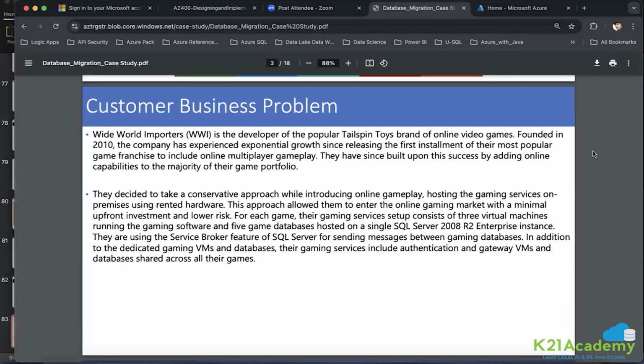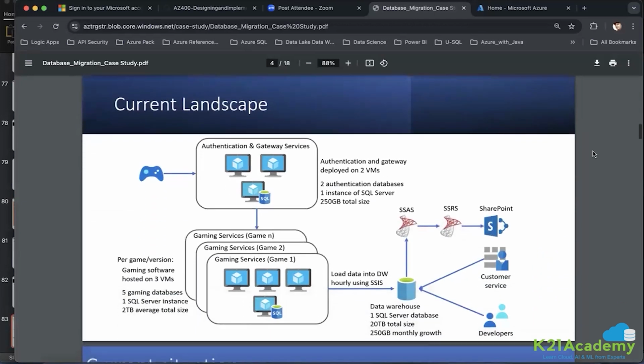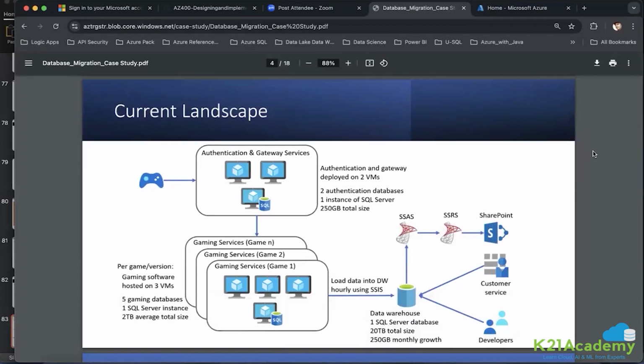They are using the service broker feature of SQL Server for sending messages between gaming databases. In addition to the dedicated gaming VMs and databases, their game services included authentication and gateway VMs and databases shared across all their games. So basically, the company has a similar kind of landscape.